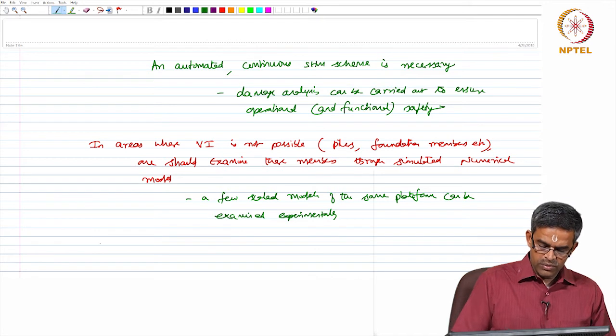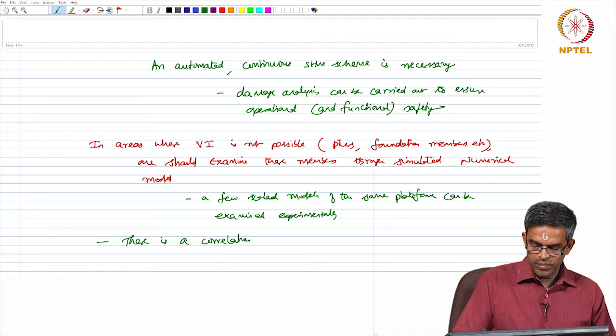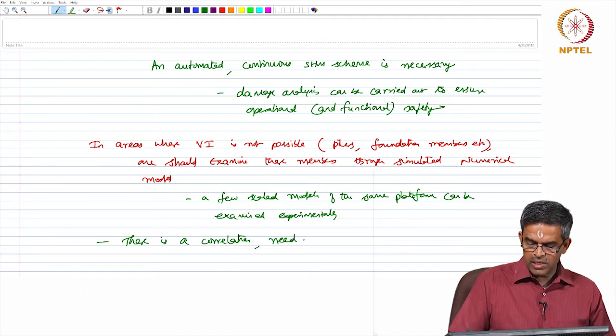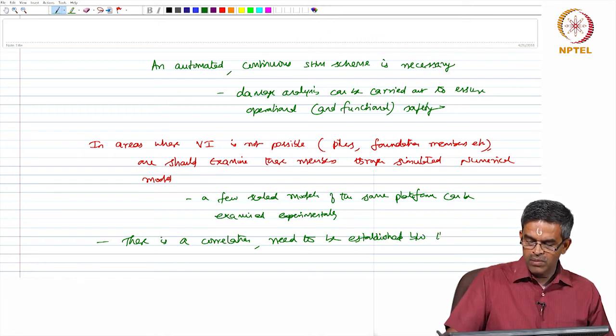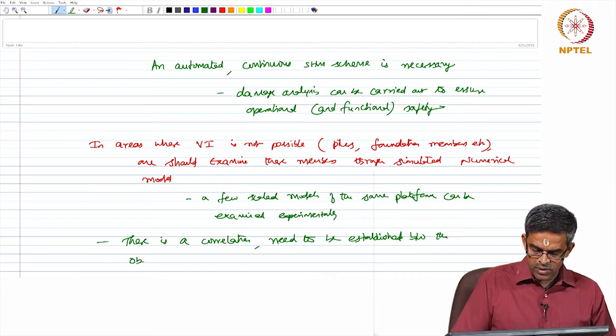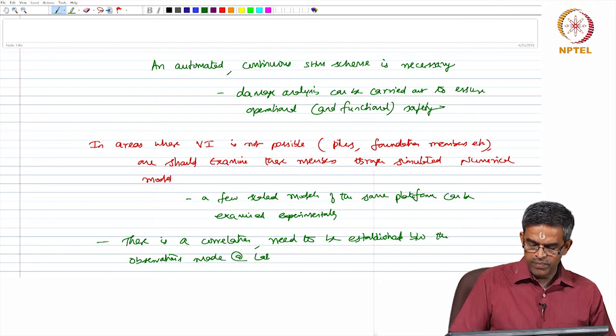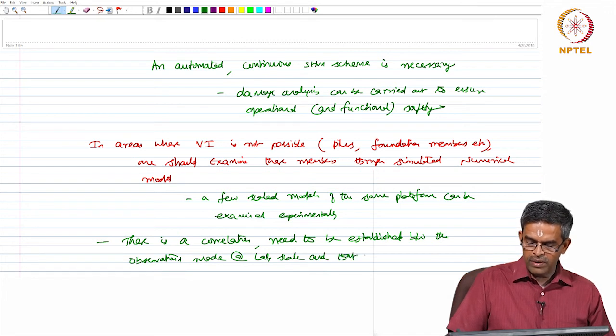So, now there is a correlation required which needs to be established between the observations made at lab scale and that of the real scale.